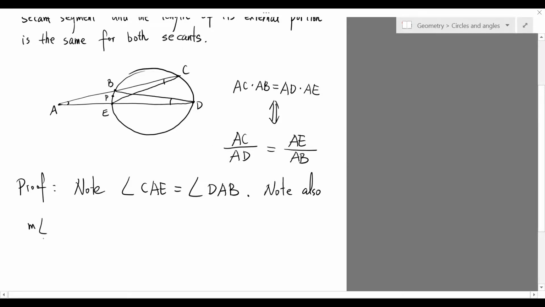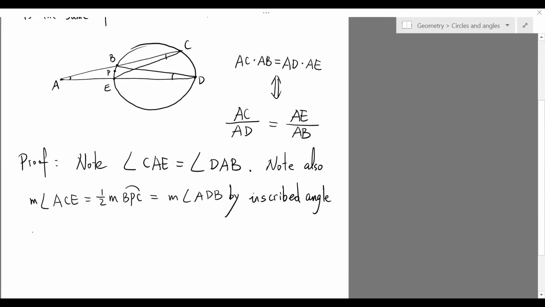Then the measure of the angle ACE will have to equal 1/2 the measure of the arc BPE, which in turn equals the measure of the angle ADB. And the reason being is the inscribed angle theorem.